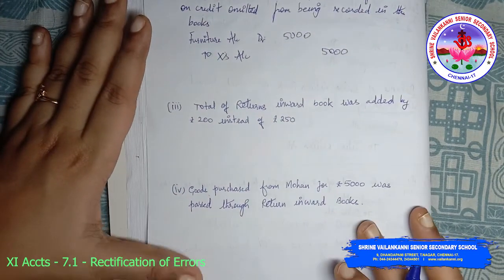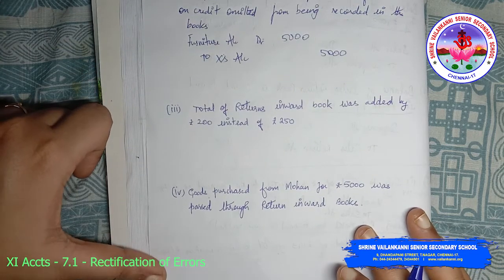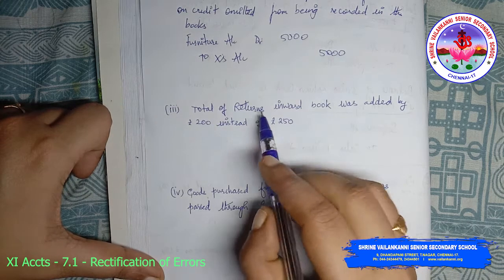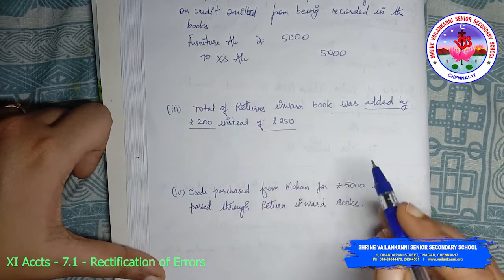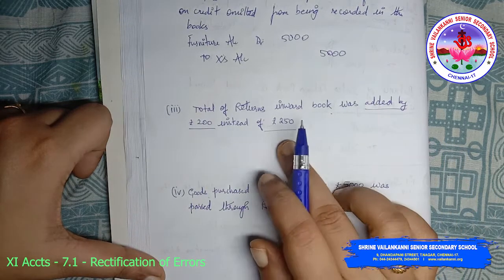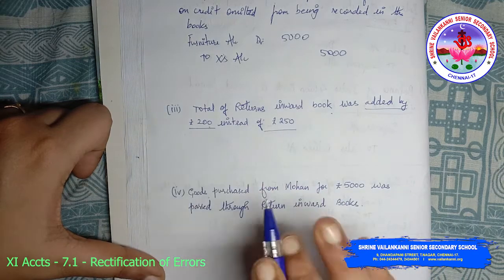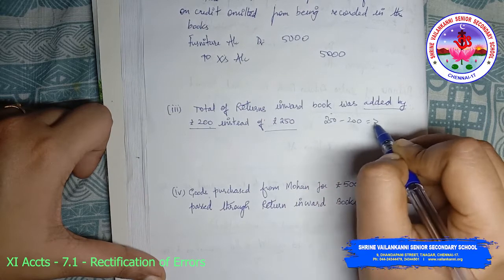Then the third one is total of returns inward book was added by rupees 200 instead of 250. Actually, how much it has to be added? 250. But how much it is added? 200. So how much more has to be added? 250 minus 200, which is 50.